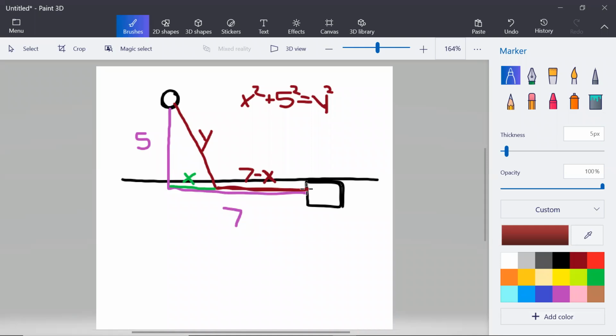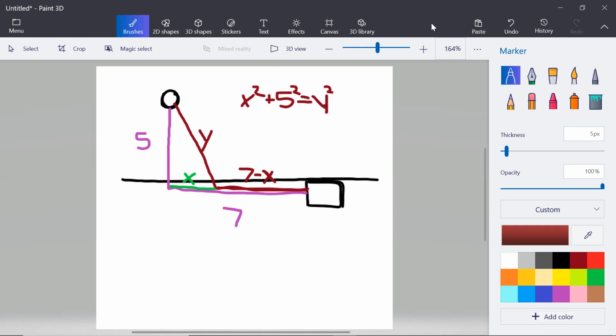That means you should run the cable 2.53 miles on land. On water, you should run the cable whatever you get when you plug in and solve for y into this equation.